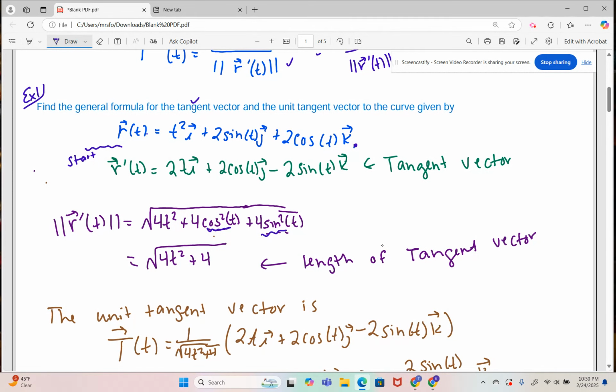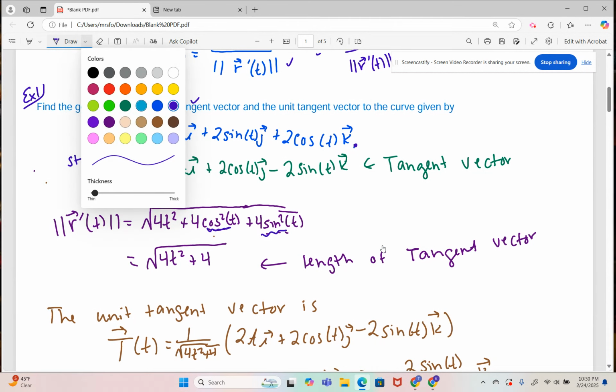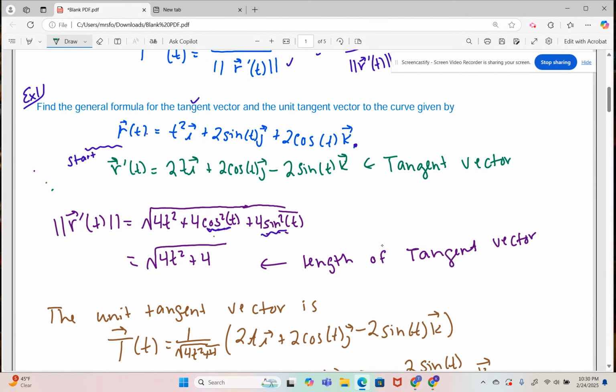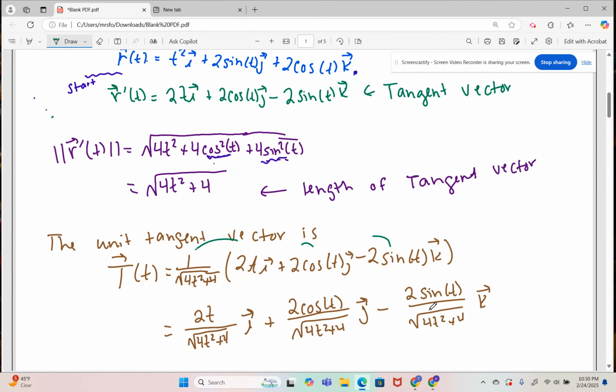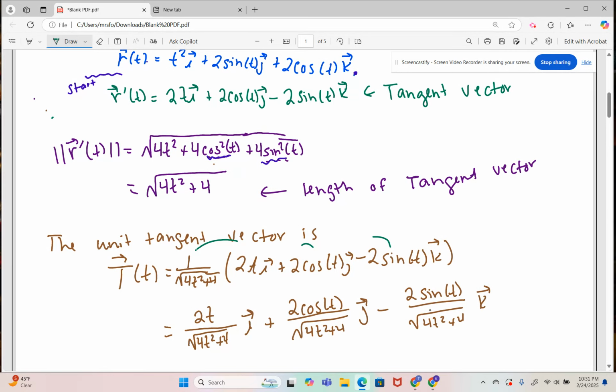Now we can distribute the 1 over the magnitude within the parentheses to each component. Doing so, this is what we're left with, and this is the general formula for the unit tangent vector for the curve.